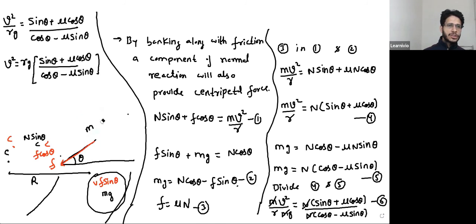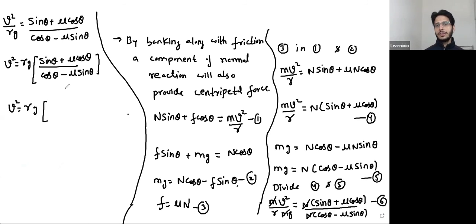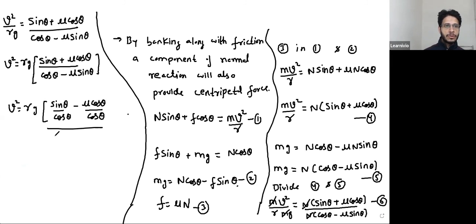You can leave your calculation here, but just to keep this in standard form, you can divide numerator and denominator by cos theta, just for a simplified expression. Sine theta over cos theta, mu cos theta by cos theta, over cos theta by cos theta, minus mu sine theta by cos theta.